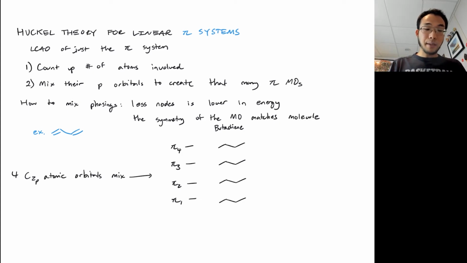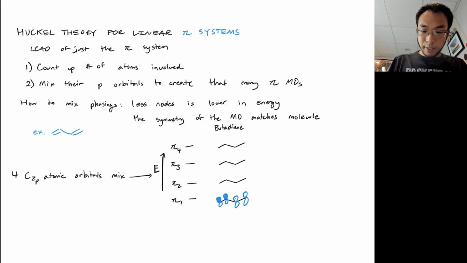And so here's the part where you get to see all of these flippings. The idea is that I'm drawing in a p orbital on each of these carbon atoms, and I'm trying to mix and match my phasings. So again, the lowest energy way to do all of this, with our energy axis looking like this, is to make sure that all of the orbitals are facing the same direction. So they have their phasings the same way.